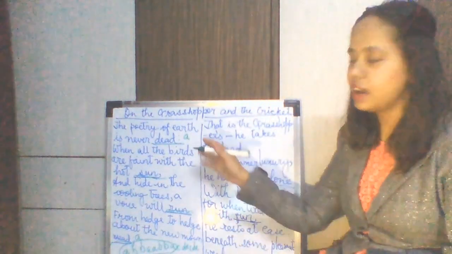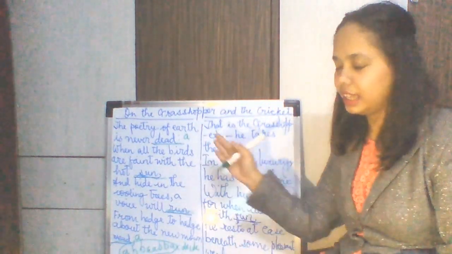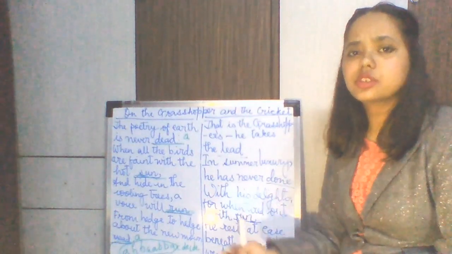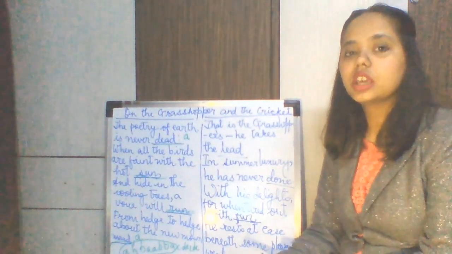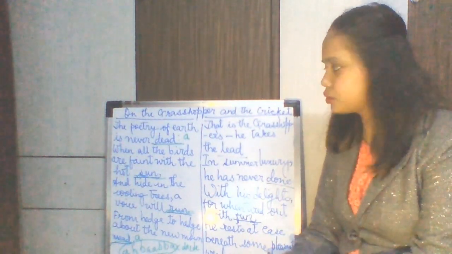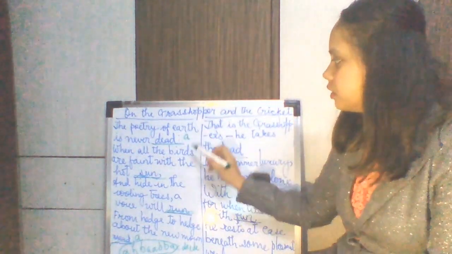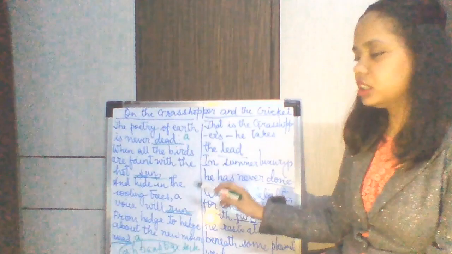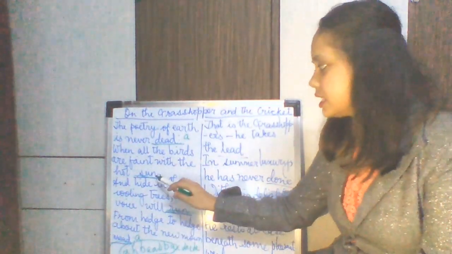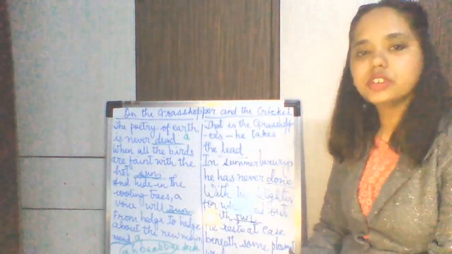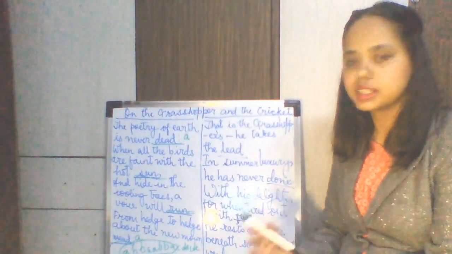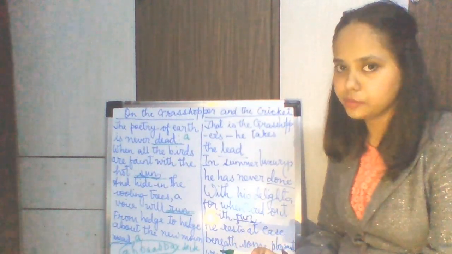Now we have used A, so the next alphabet that we will be using will be B, obviously. If you observe, the ending words in the next lines are sun and run. There's no rocket science that sun and run rhyme with each other.